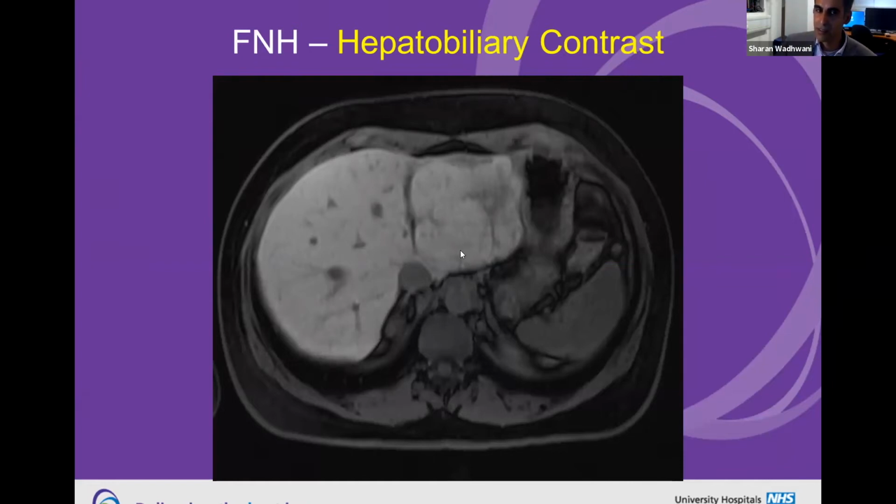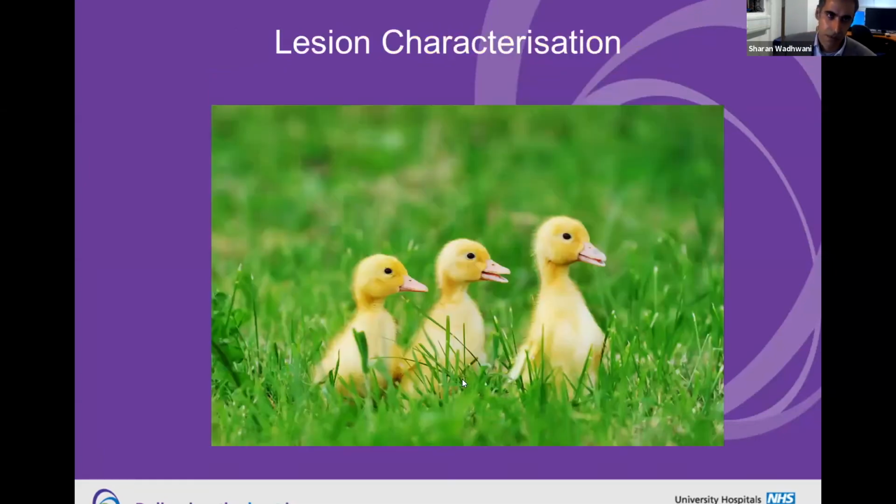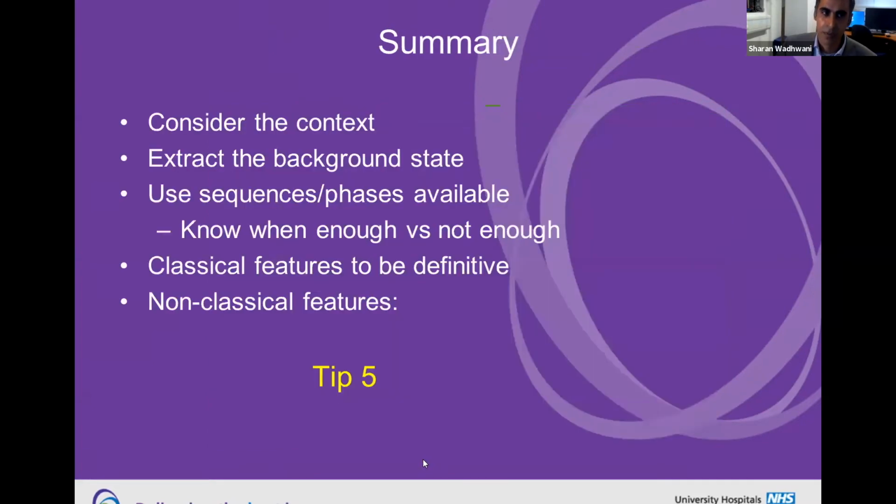If that was anything but of hepatic origin, that would be like a black hole in that Primovist phase, because the rest of the liver would have taken up contrast and left that behind. So what I'm trying to say here is, if your ducts line up in a row, go ahead and nail it. You've got the diagnosis. If they don't, that's when we've got a problem.